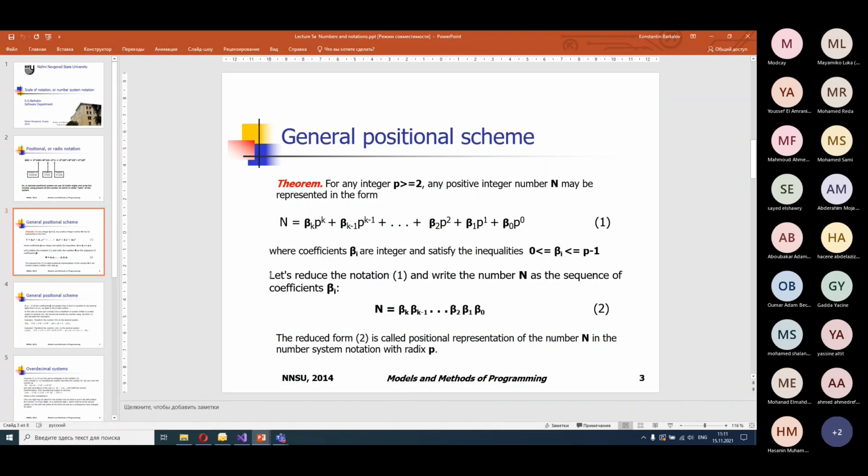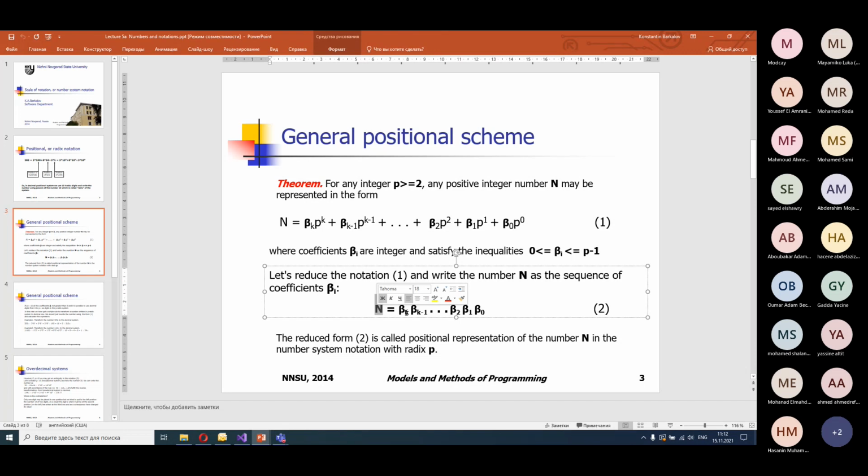And we can write formula 1 in short, reduced form, like n equals beta k, beta k minus 1, and so on, beta 0.